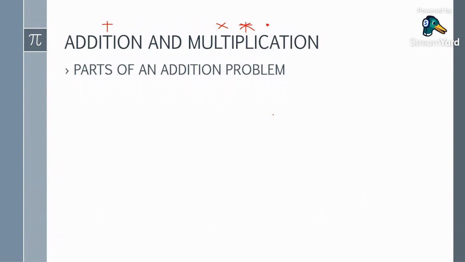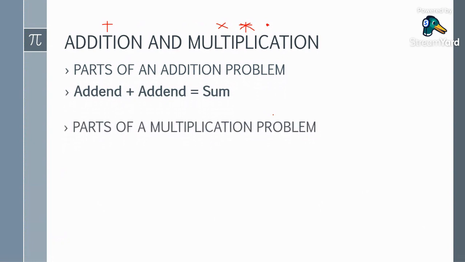So, the parts of an addition: addend plus addend is equal to sum. For the parts of multiplication: factor times factor is equal to product.